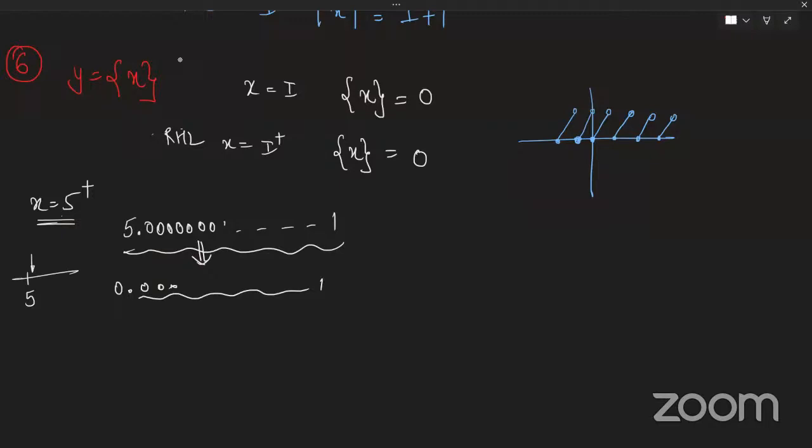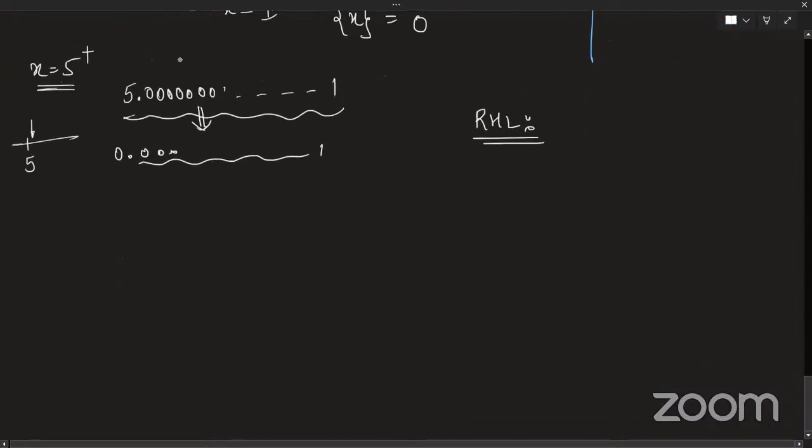Sir, what is meant by the word right hand limit? If I'm discussing the right hand limit at a point, we have discussed this earlier, it means I'm talking about the immediately next real number.